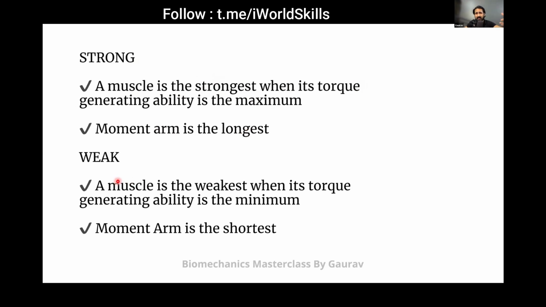A muscle is the weakest when its torque generating ability is the minimum. And that is when the internal moment arm is the shortest. So when I use the word strongest and weakest, I'm referring to the torque generating ability only. So don't get confused.